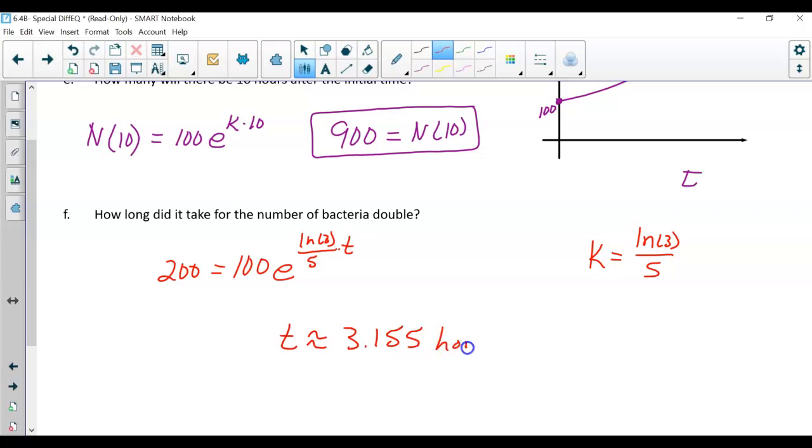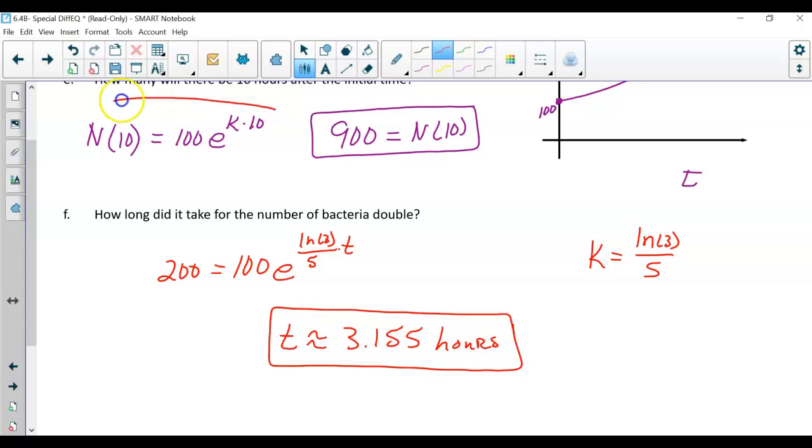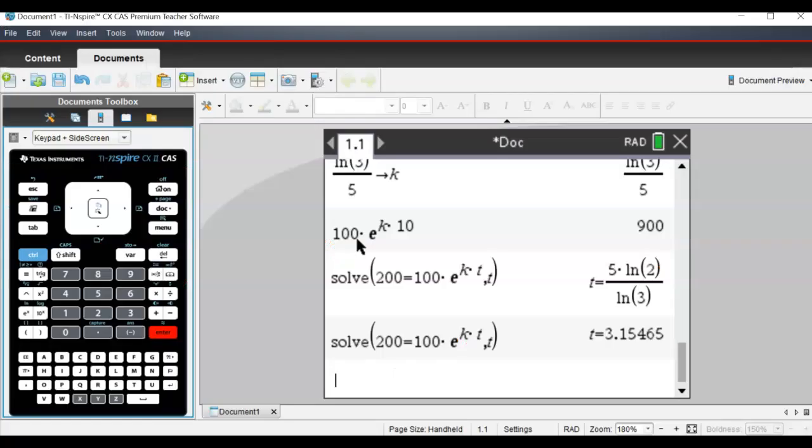Okay, so t is approximately equal to 3.155 hours. But it is really important that if you're using this equation to calculate anything after you've generated it, you use the exact value of k. Otherwise, you hit your rounding error.